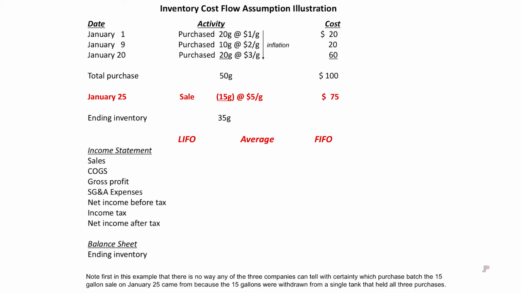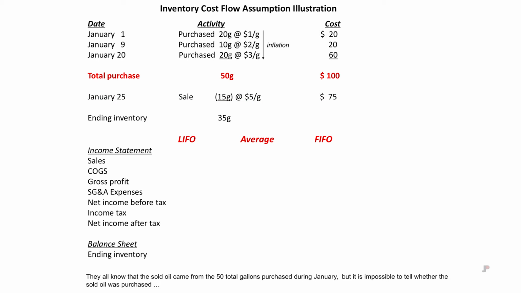Note first in this example that there is no way any of the three companies can tell with certainty which purchase batch the 15-gallon sale on January 25 came from, because the 15 gallons were withdrawn from a single tank that held all three purchases.